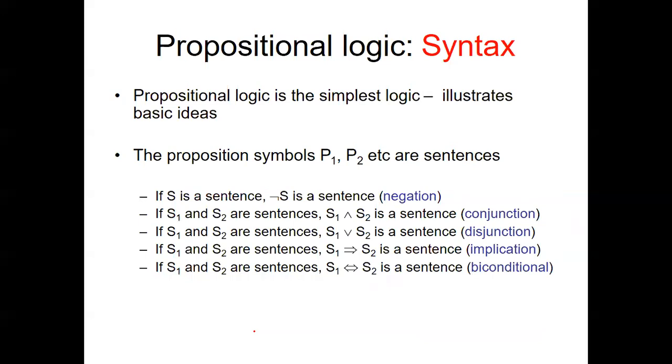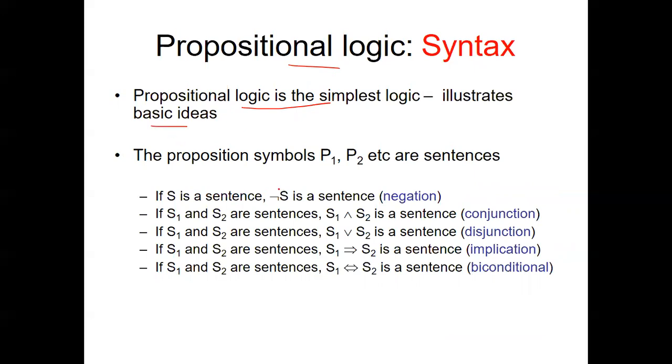Okay, fine. Now let us discuss a brief introduction to propositional logic, and also we'll try to understand how this Wumpus world problem can be represented using propositional logic. Propositional logic is the simplest form of logic. It is basically used to represent facts.